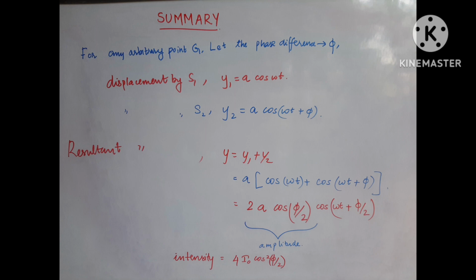The meaning of this is that the resultant intensity is not always 4I0. It depends on a factor cos square (phi by 2), which will vary from 0 to 1. So this intensity will also vary accordingly if it is not a constant phase difference. This is the general case, when there is a phase difference phi.